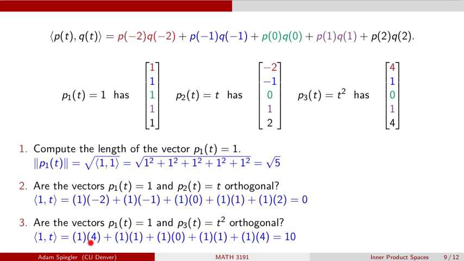So we don't get cancellations here. I forgot a t squared over here, excuse me. So the inner product of 1 and t squared actually gives me 10, which is not equal to 0. So these two vectors are not orthogonal to each other. The polynomial 1 and the polynomial t squared are linearly independent vectors, but they are not orthogonal to each other.